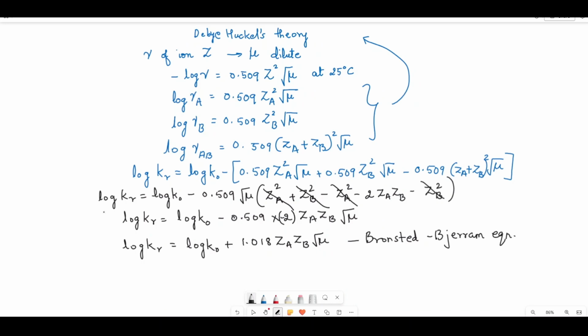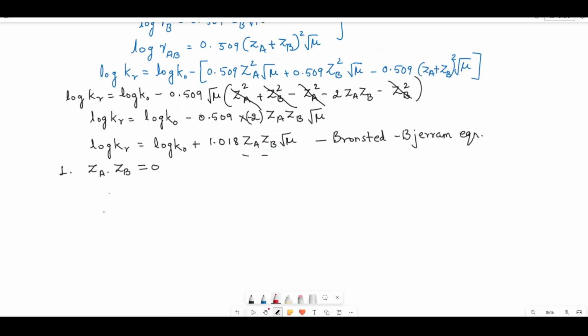Since the variation of specific rate constants with ionic strength depends on the charges of the reacting species, three cases arise. First case, it arises when ZA ZB becomes 0. It means that one of the reactants has no charge, that is, it is a non-electrolyte.